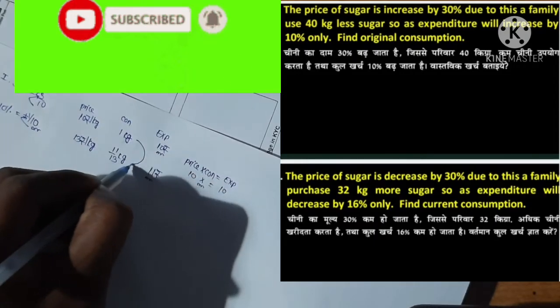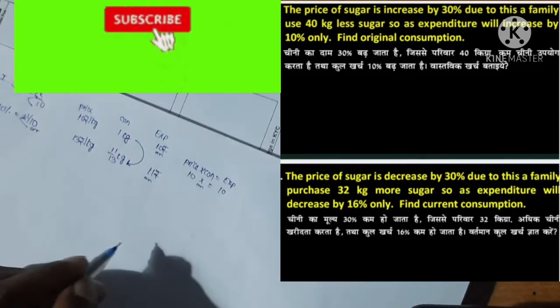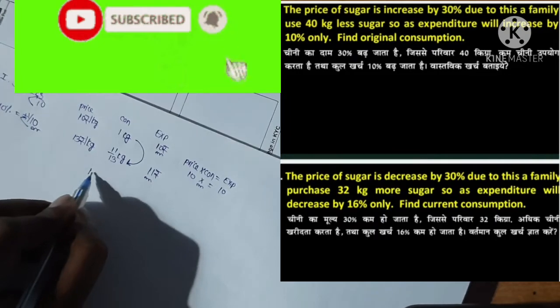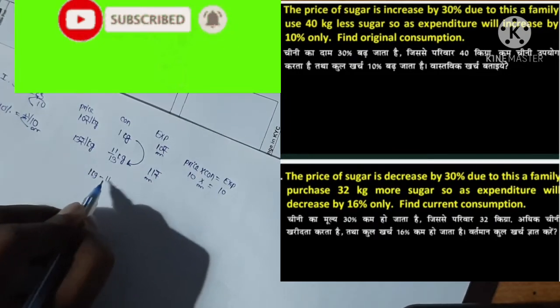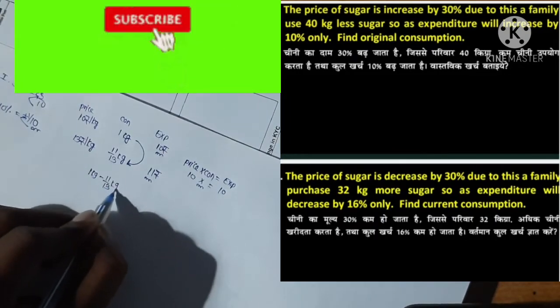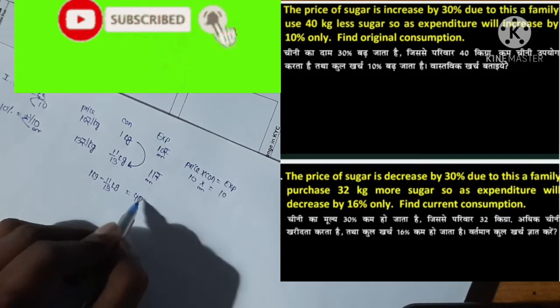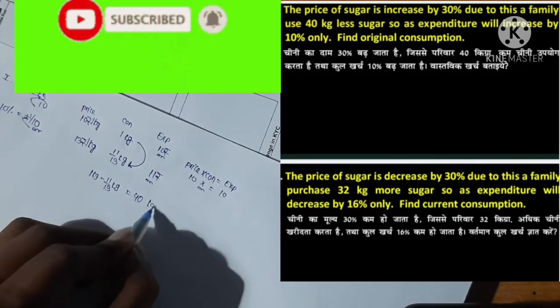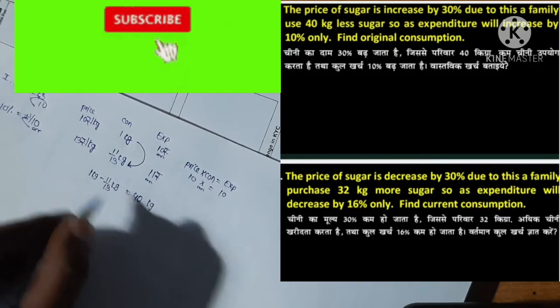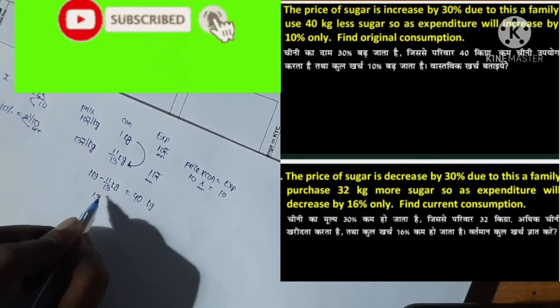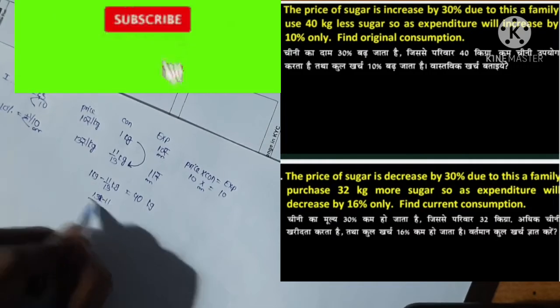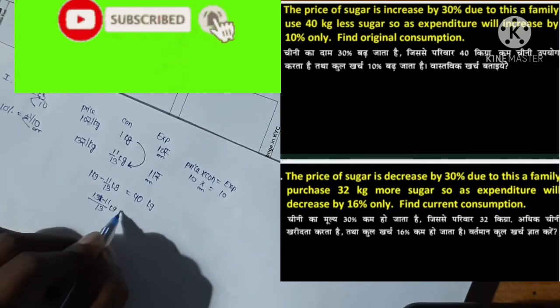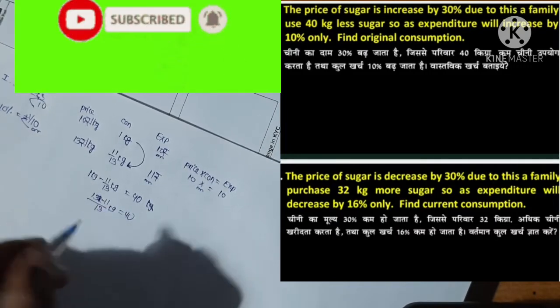Here he uses 40 kgs less sugar. So the difference is 1 kg minus 11 by 13 kgs, and the value is 40 kgs. So taking the difference, 13 minus 11 by 13 kg is equal to 40.